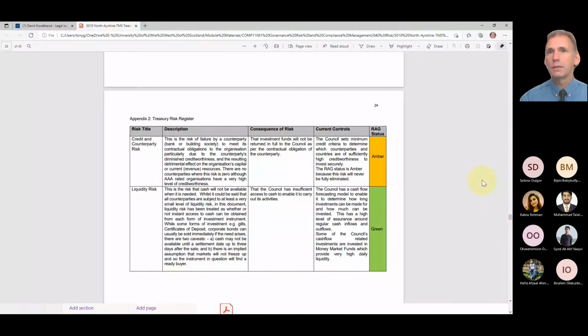Now, there's slightly fewer columns than the one you saw in the presentation there. There's still a title and a description, but in this case, it gives us a consequence. What will happen if?